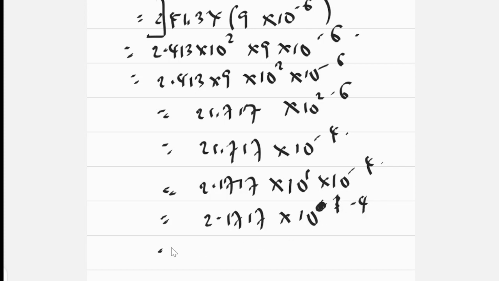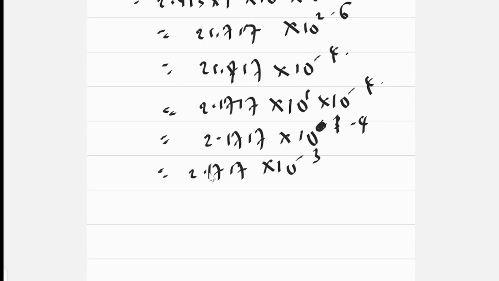So that's how I have minus 3. And if you expand it, raised to the power minus 3 means you are going to have first 3 zeros, then you have 217206. And we have to leave our answer in 4 significant figures.